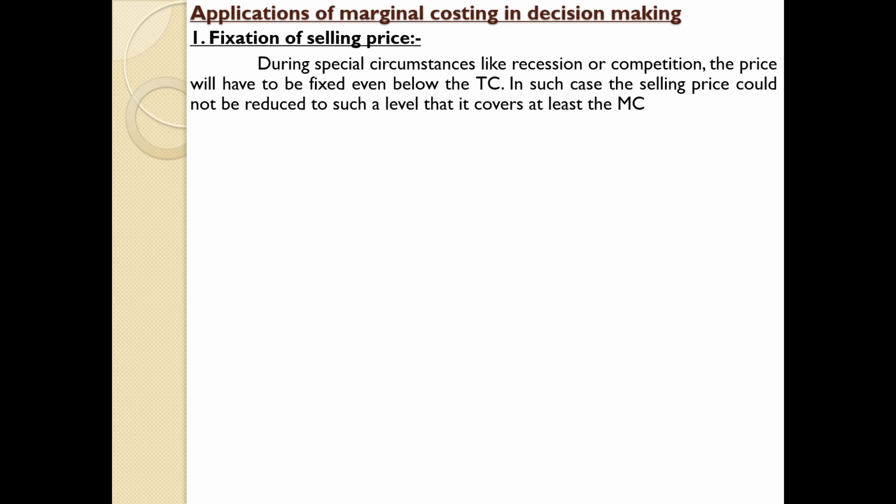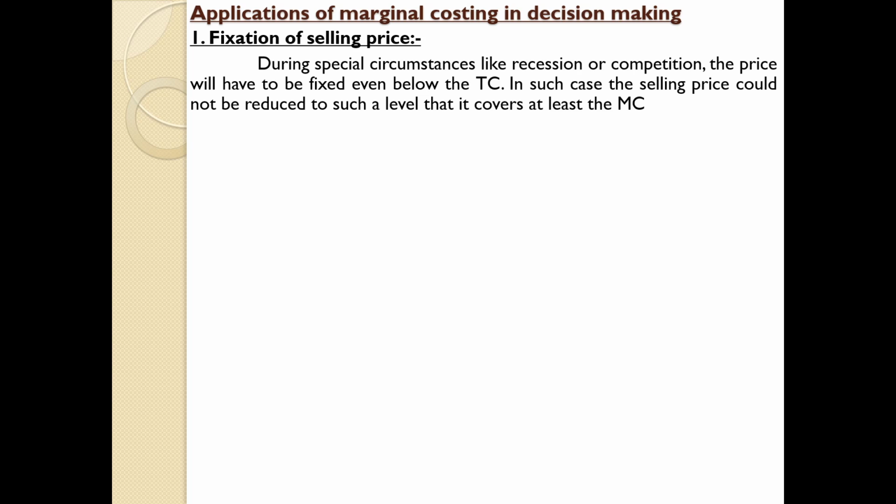So under these situations the price will have to be fixed below the total cost. So how far can we go to minimize the price of the product? Right now the question arises to what extent the price should be reduced.